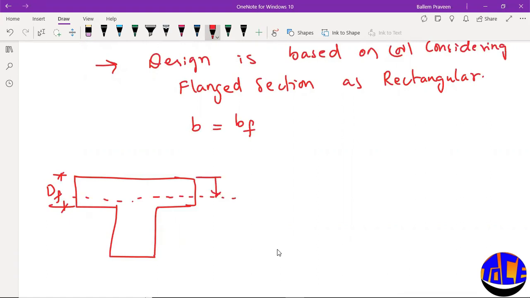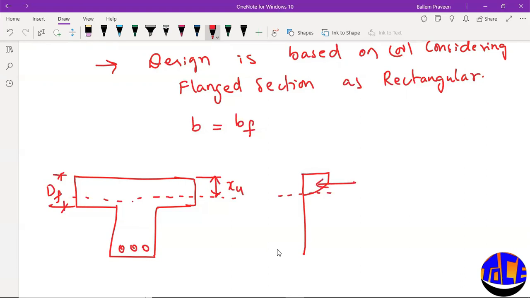That is how the stress diagram will be. The concrete compressive stresses will be there up to xu itself, that is within the flange.